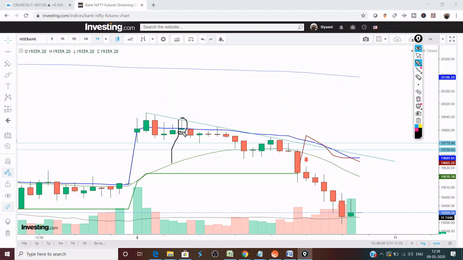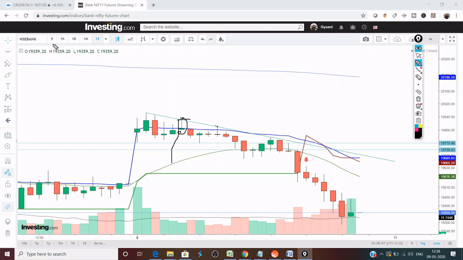So you can short this. Your stop loss will be here, and then you can wait. Here it came half of the way to your stop loss, but it reversed, and then you can see the fall till here. If you are holding and trailing your stop loss, you can use PSAR as your trailing stop loss, and then the trend continued downward.